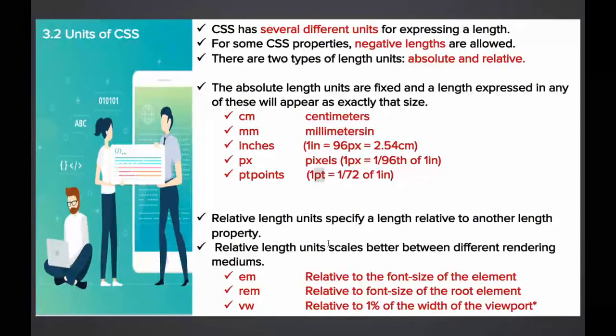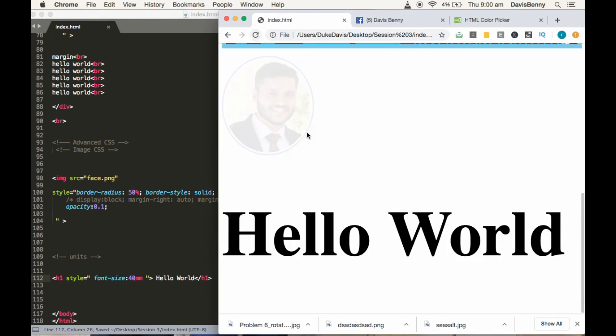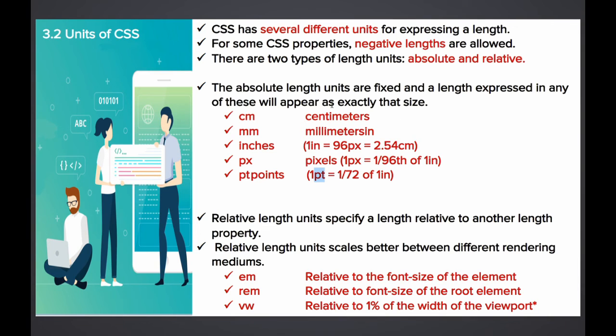Now let us move to the second unit, millimeters. Let us give it 40 millimeters. Now the length of each individual character will be 40 millimeters, which is 4 centimeters, and it will appear exactly of that size on every device.